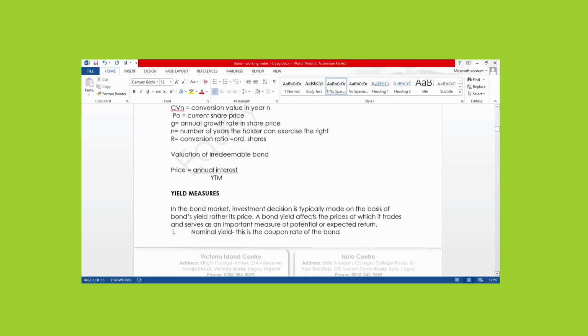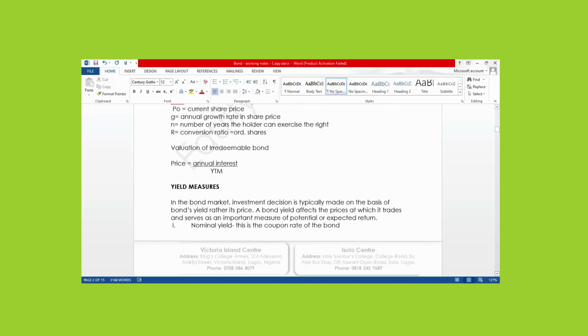Our next discussion, yield measure. When we say yield, that is the return on bond investment.